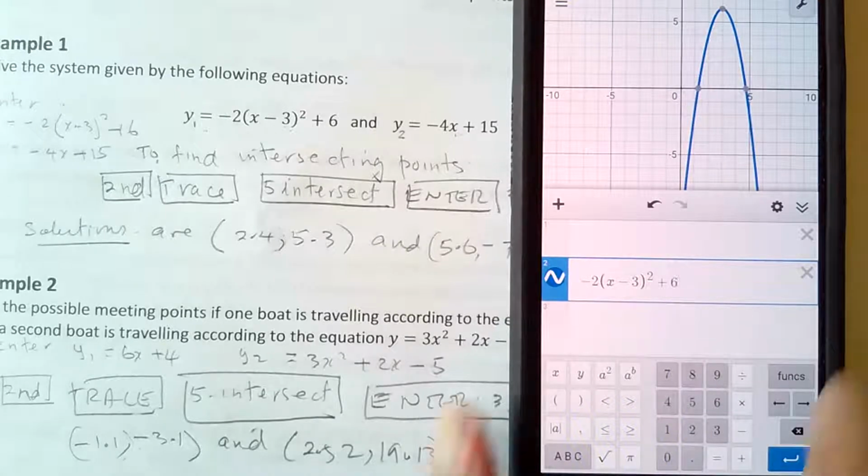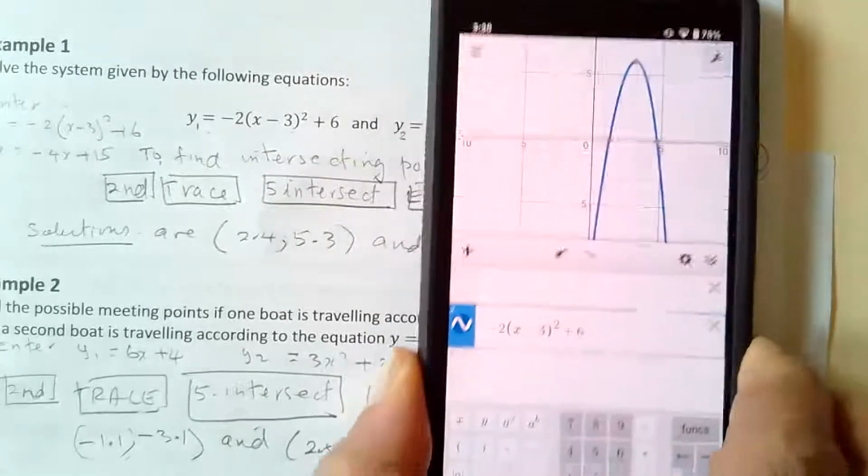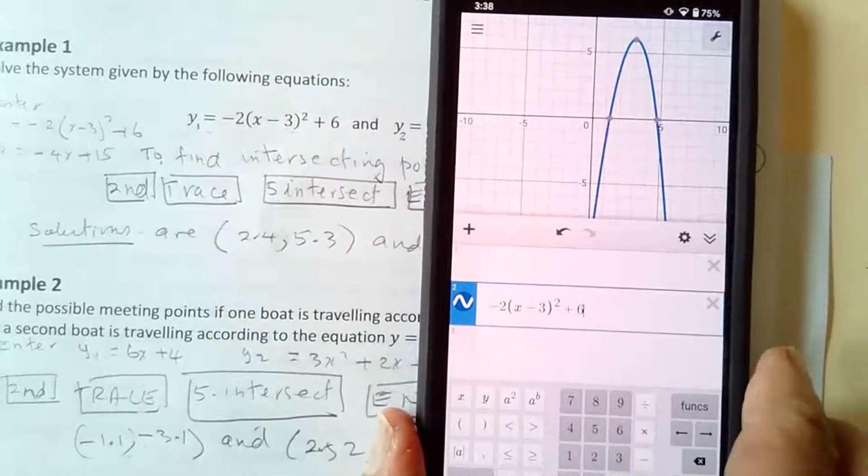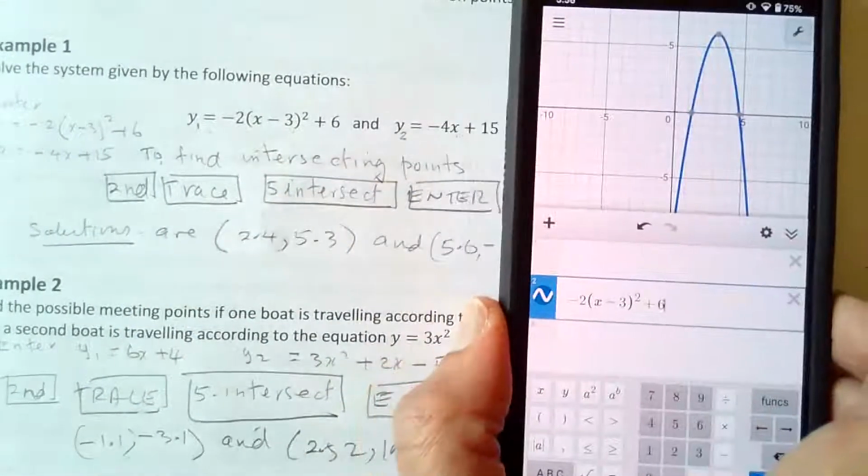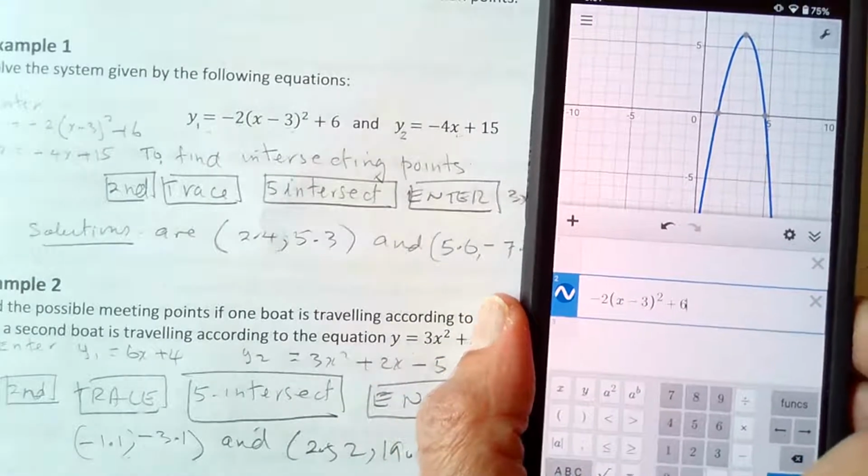Okay, similar to what we had before. Now we need to include our straight line, which is y equals negative 4x plus 15. Let's go to my next line here.